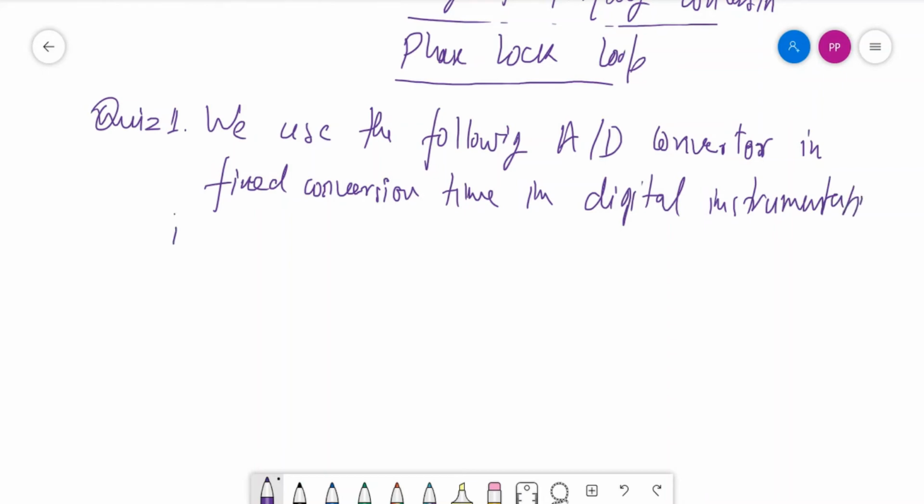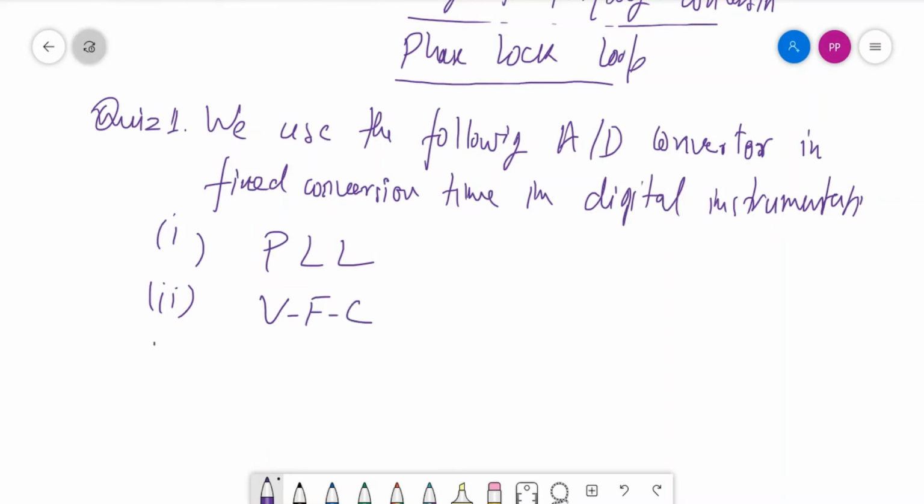The first option is PLL, phase lock loop. The second option is voltage to frequency converter.